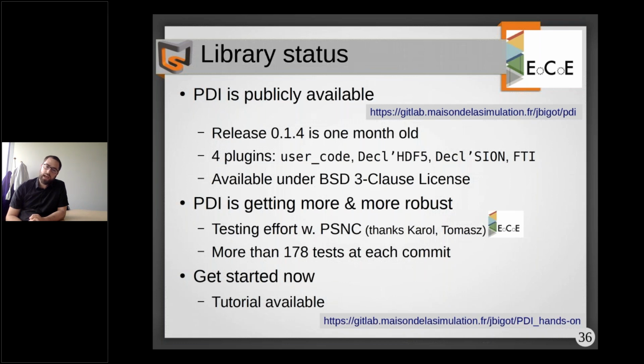The HDF5 plugin that allows you to access a large part of the HDF5 features. The Decl'HDF5-like plugin for the library, and the FTI plugin for the fault tolerance interface library. PDI is available under the BSD3 license, so it's very permissive. You can use it in any of your codes.